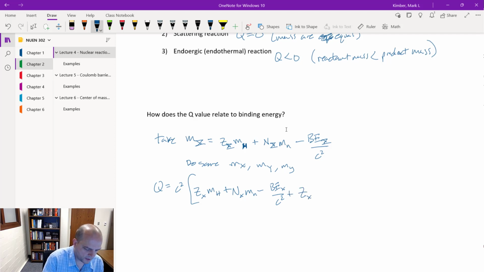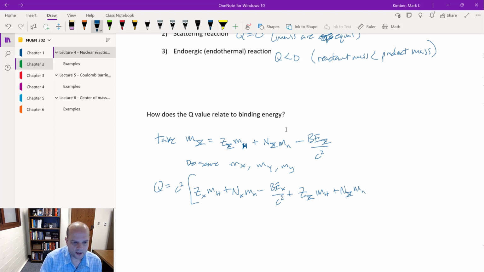And then I've got the same thing for my target, which is my other reactant, times mass of hydrogen plus number of neutrons in that heavy particle.